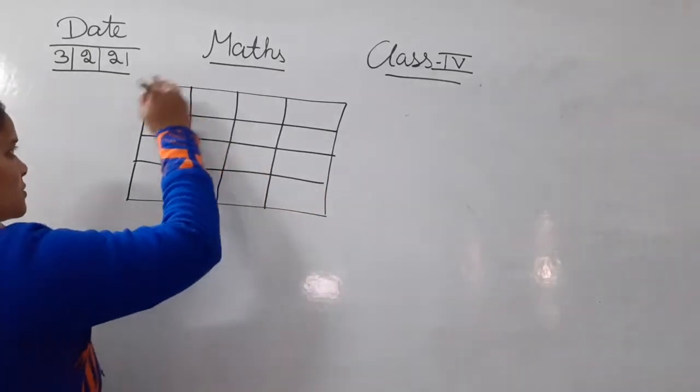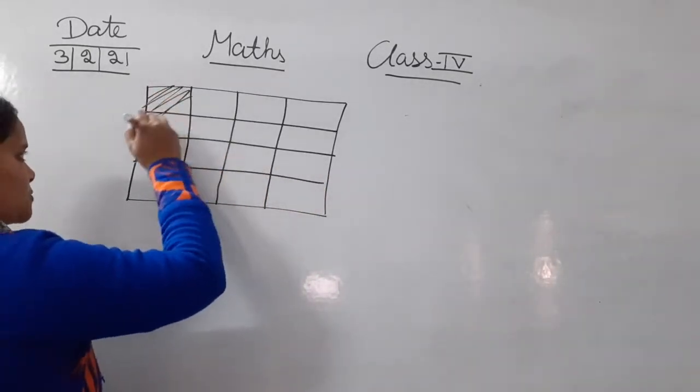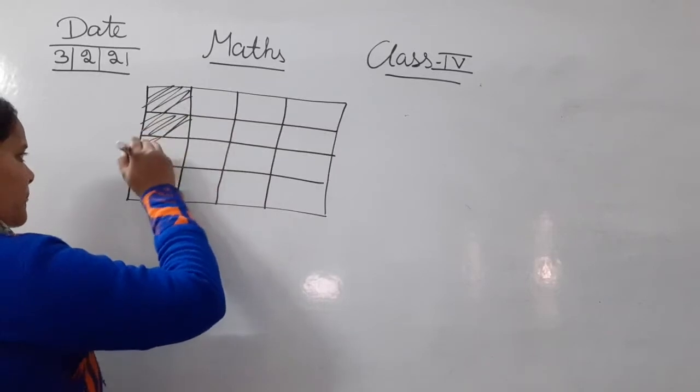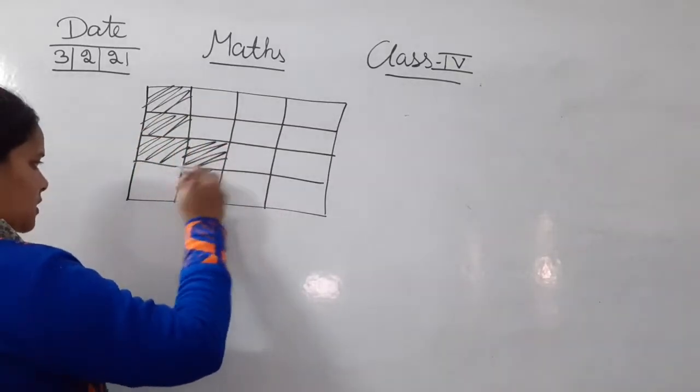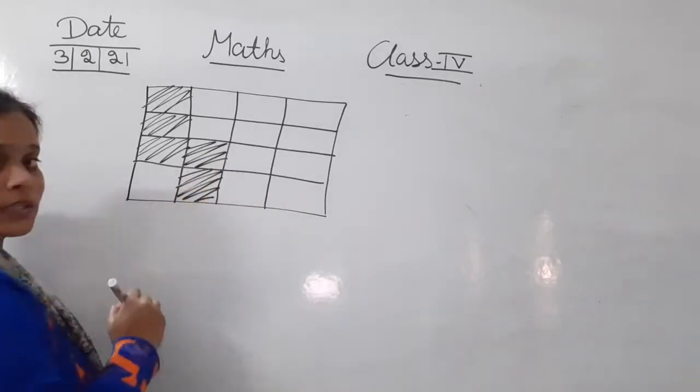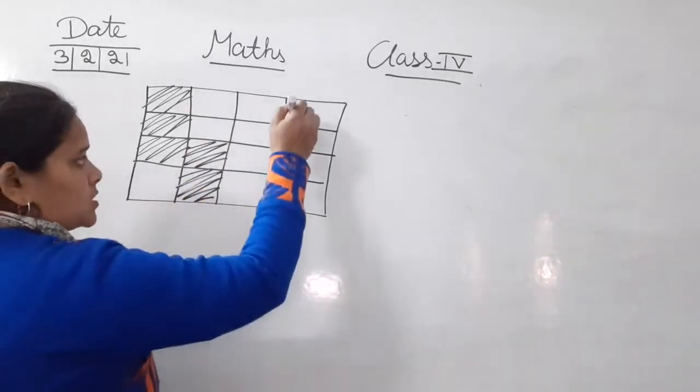I'm dividing it into different parts and considering some part of it. Sums like this.